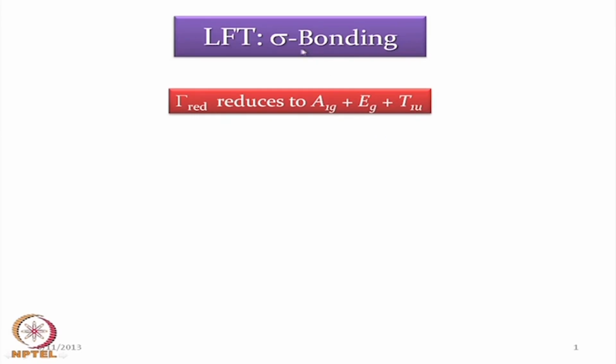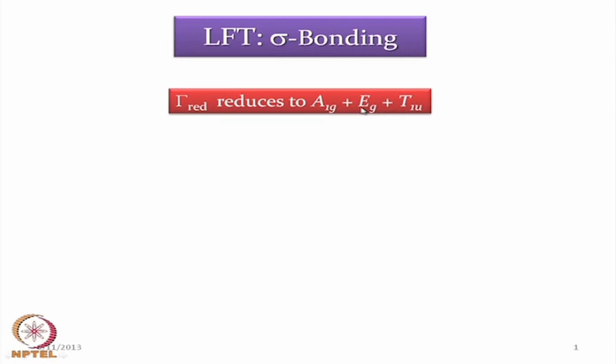Likewise, when we consider ligand field theory for sigma bonding, we are not getting any term from the character table of T2g symmetry. We now know these are the orbitals pointing towards the intermediate Cartesian axes, that means dxy, dxz and dyz.